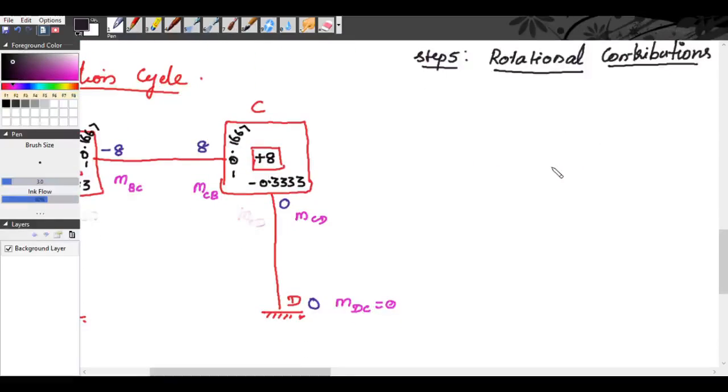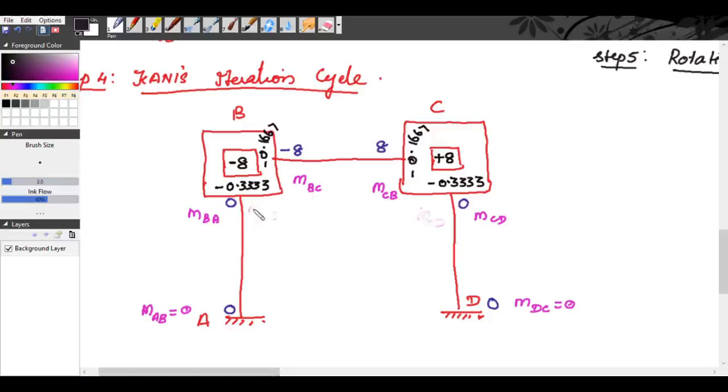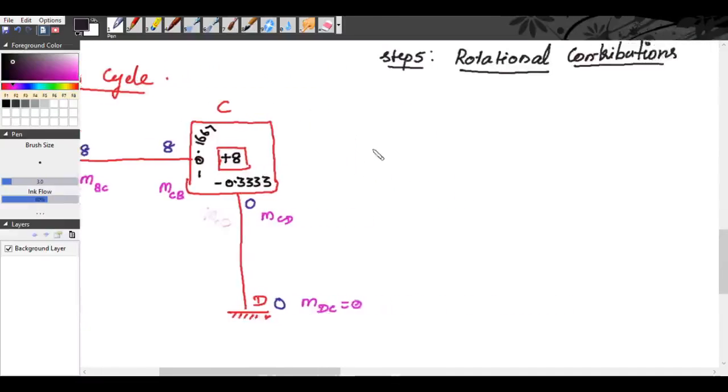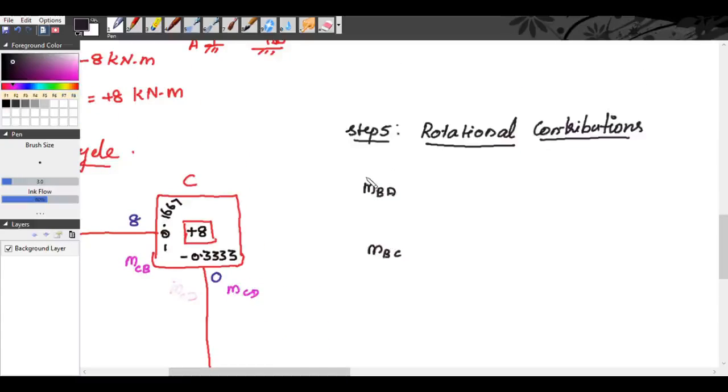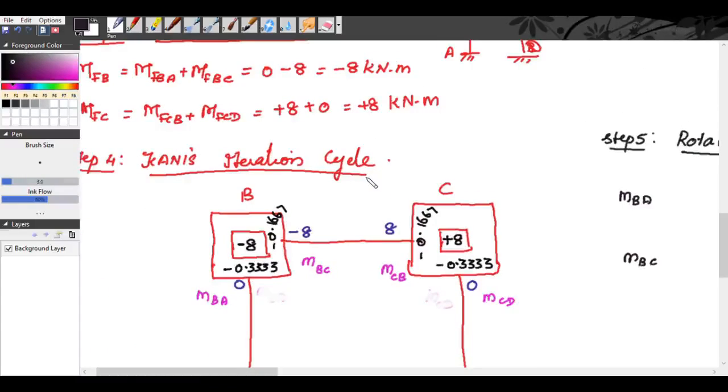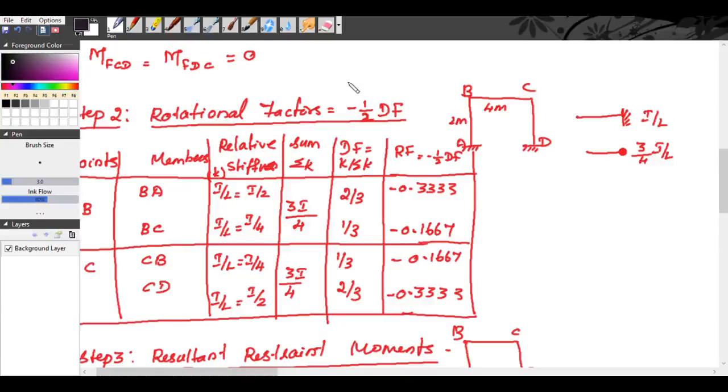So the four rotational contributions are MBA, MBC, MCB, MCD. See, another simple way to find the rotational contributions: we have already found the rotational factors.